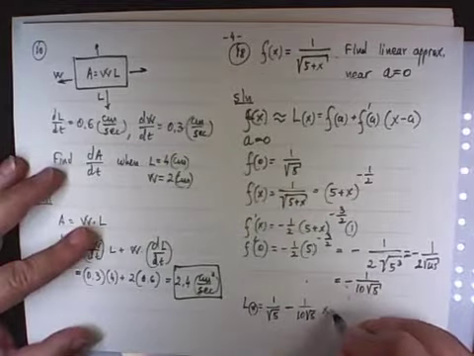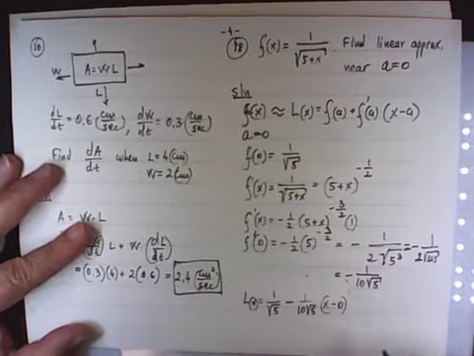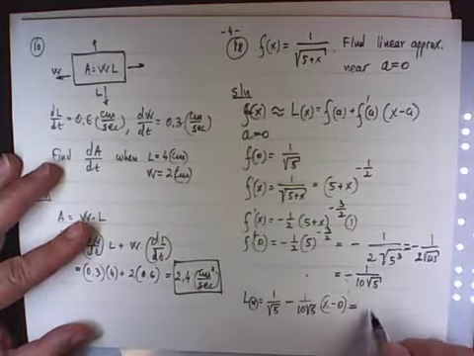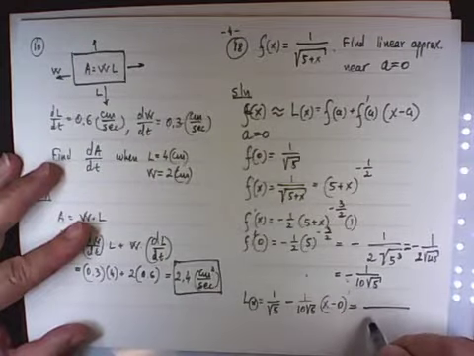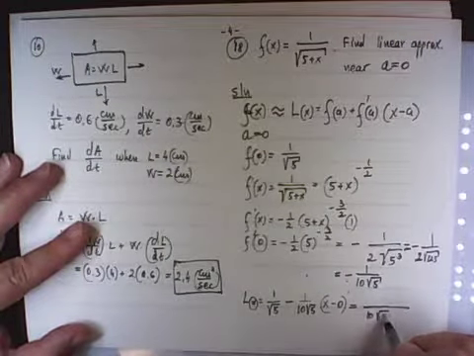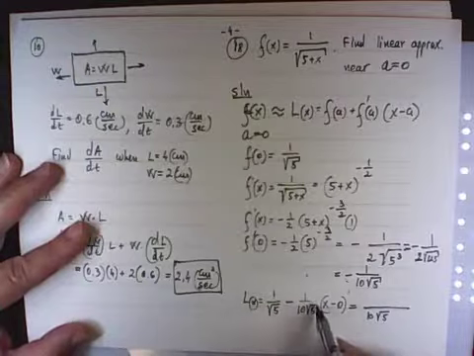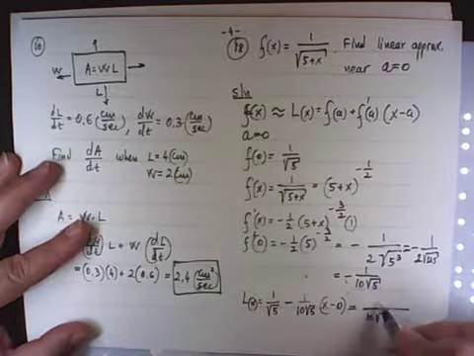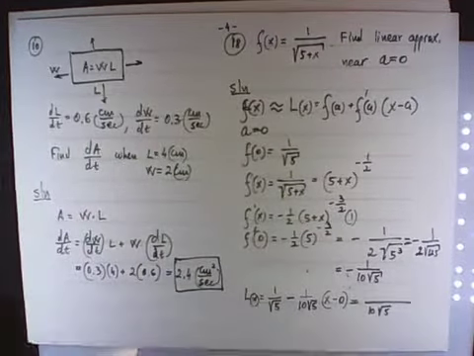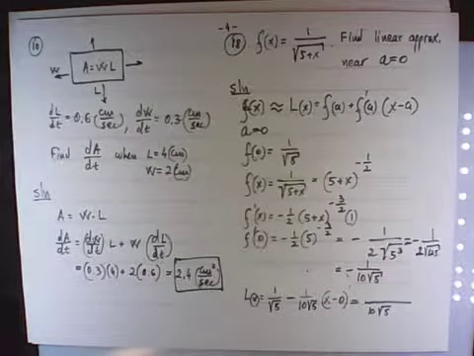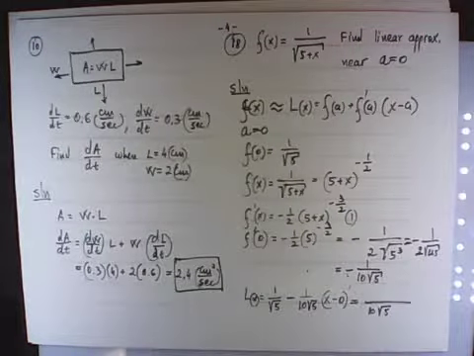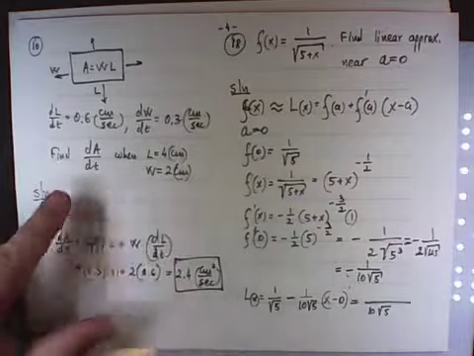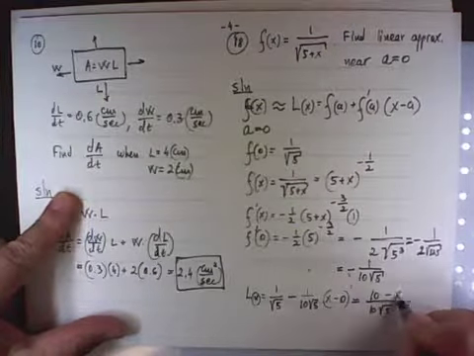If you want, you can put x minus 0. To set up a common denominator, if the common denominator is 10 square root of 5, then you have 10 here, 10 minus 1 times x. So you can write 10 minus x. That will be good enough.